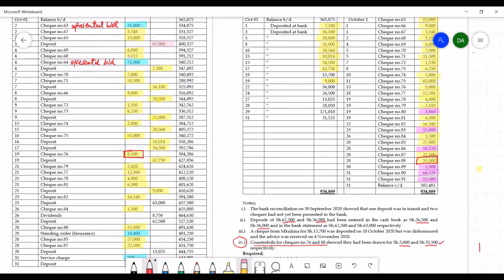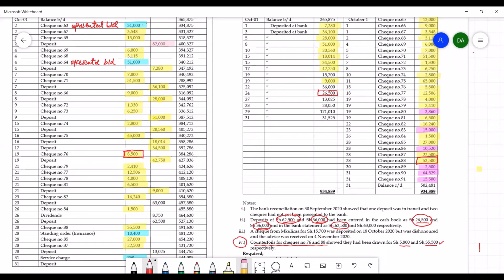In the cash book, the 36,000 was entered correctly, but 62,500 was not entered correctly because it was entered as 26,500. So the deposit we will find in the cash book is 26,500, which you can see here. That deposit was recorded in error. It is correctly recorded in the bank statement, where it is recorded as 62,500. So that is very correct.